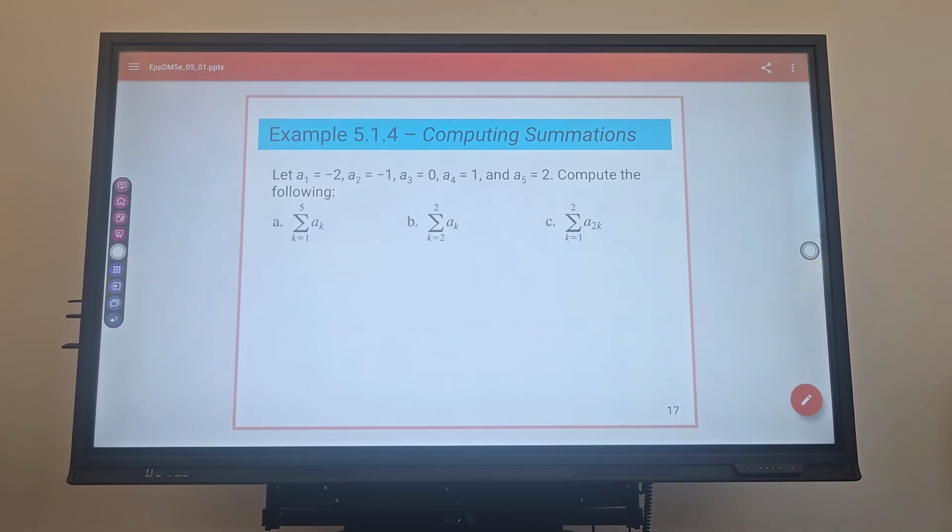It's just addition. It would be all the elements 1 through 5. Add them up together, and you get 0. Minus 2 plus minus 1 plus 0 plus 1 plus 2.